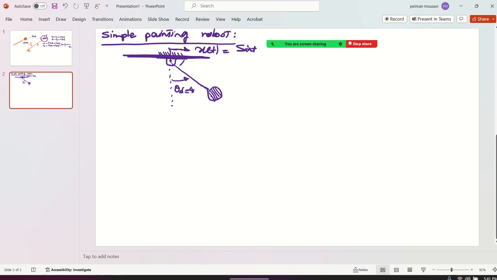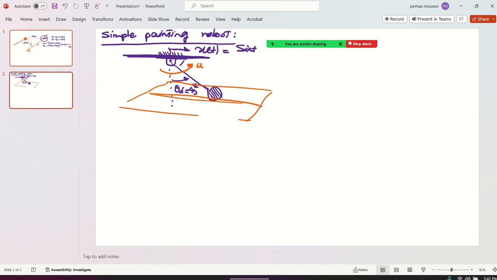Theta d is 45 degrees. So the only disturbance, and I'm going to apply a control command U here at the joint to give us 45 degrees. Suppose this is the area on the surface. When it goes to 45 degrees, it's going to paint this area for me. So this is the problem.